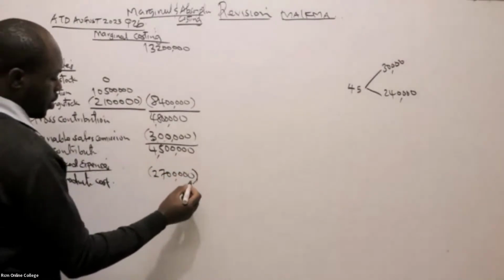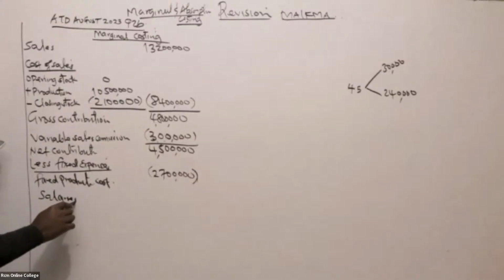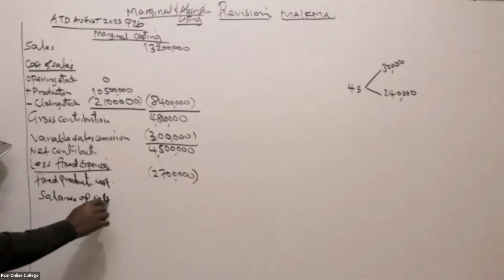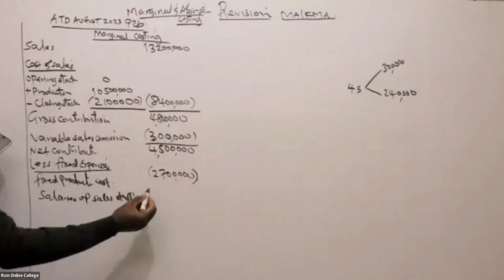2,700,000. Then we now need to less the fixed non-production expenses. One of them is salaries of sales staff, that is 450,000.